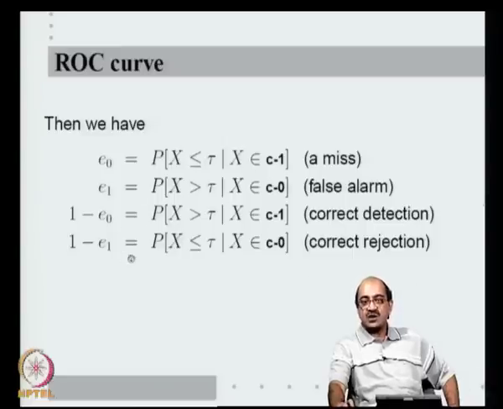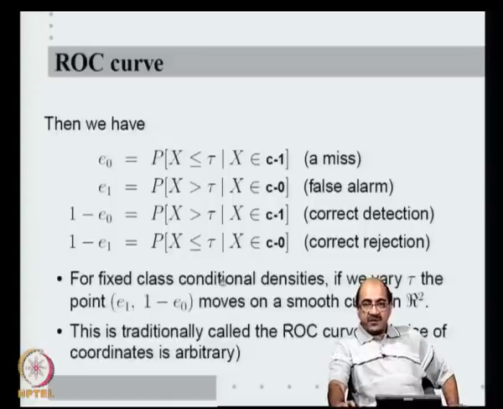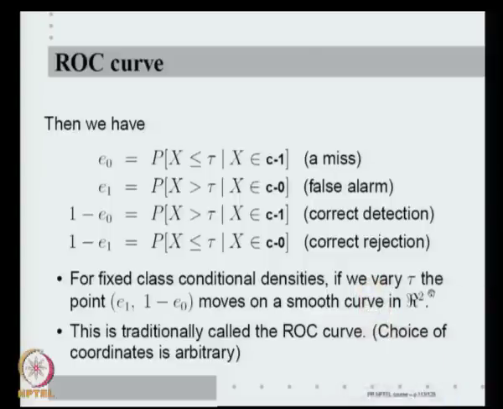The 1 minus E0 and 1 minus E1 probabilities are called the correct detection and correct rejection. For fixed class conditional densities, if we vary tau, the point (E1, 1 minus E0) moves on a smooth curve in R2. Of course, I could have chosen any two of these numbers. The choice of coordinates is arbitrary, but this curve plots the false alarm rate versus the correct detection rate, that is E1 versus 1 minus E0, for various values of tau.